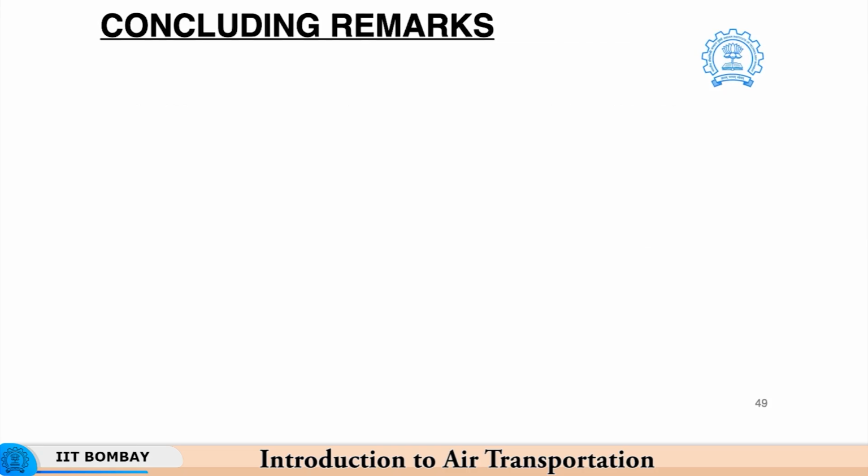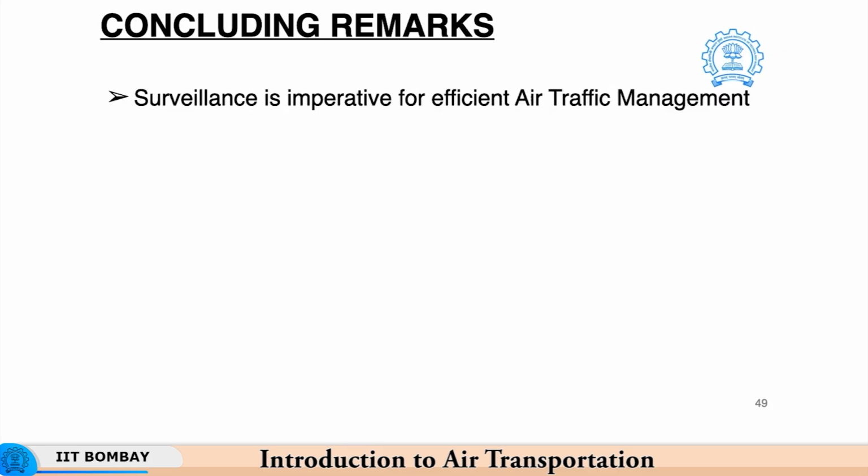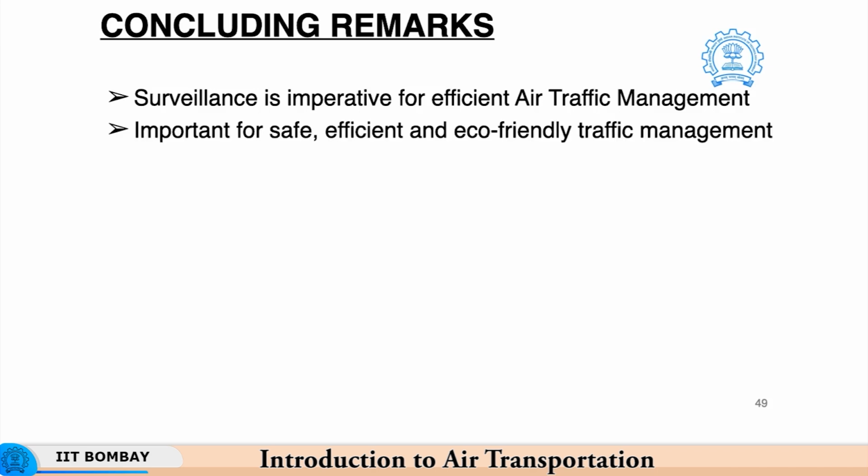I will end this presentation with the concluding remarks. We firstly explored how surveillance is important for efficient air traffic management, and how it is very important to carry out safe, efficient and eco-friendly traffic management.